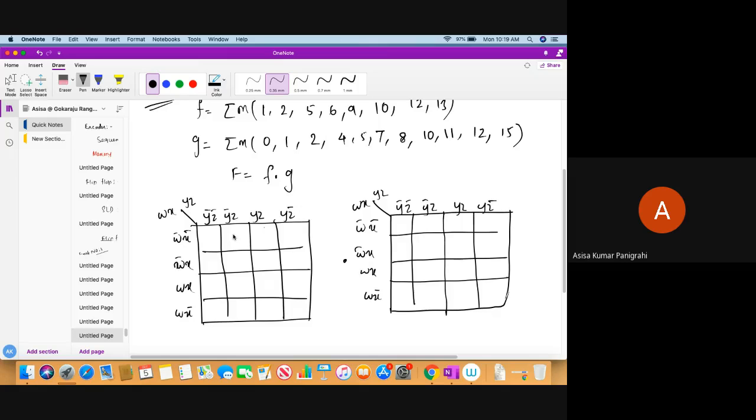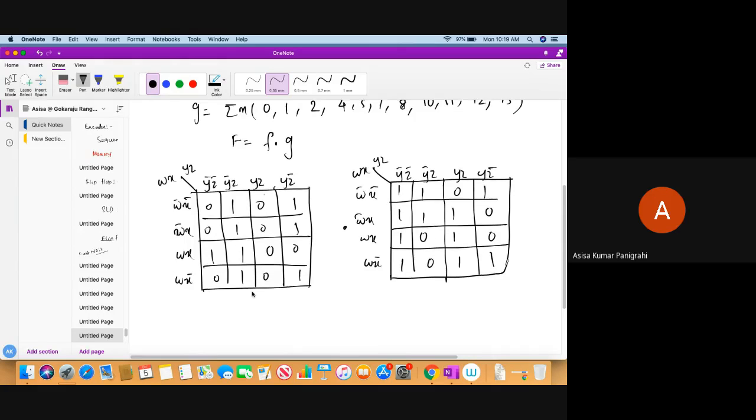And g is again another 4-variable map, and for getting capital F we need both K-maps and the AND operation. So again it needs 16 cells, with the same labels. For f we have got ones at the minterm positions, and other places are zeros. For g also we got it like this. Very simple, students. I am just putting those minterms in those particular positions, nothing else.